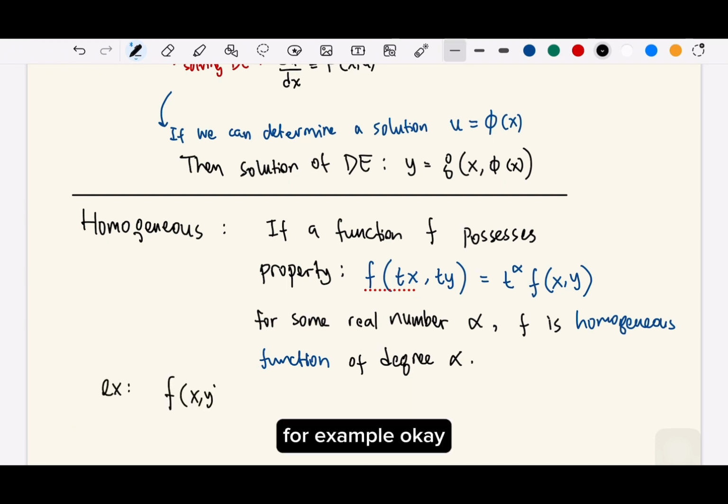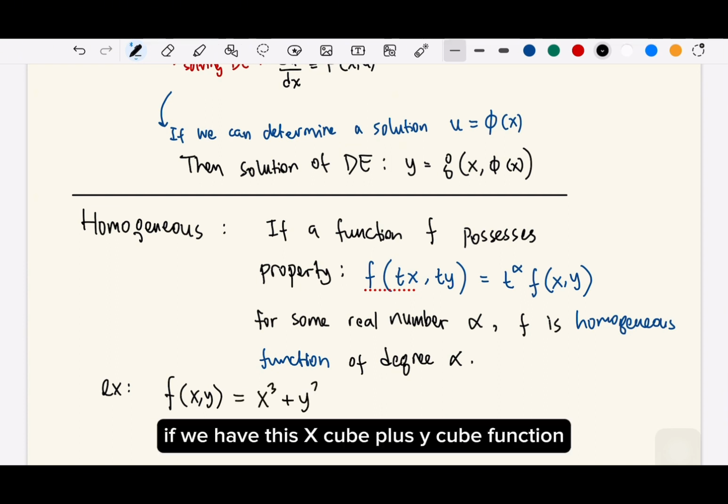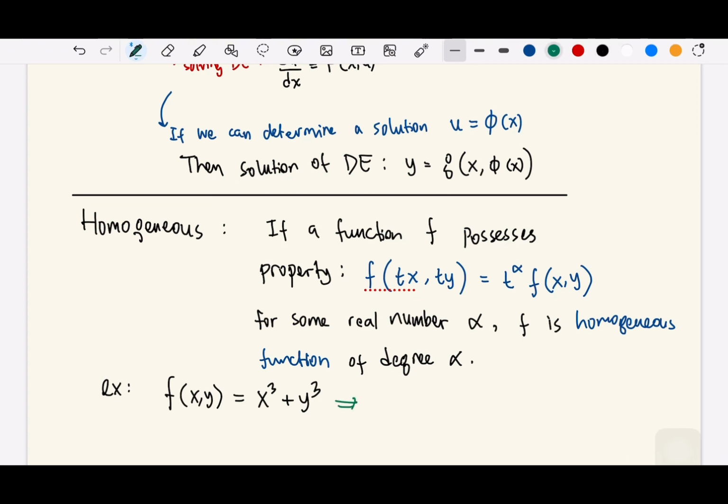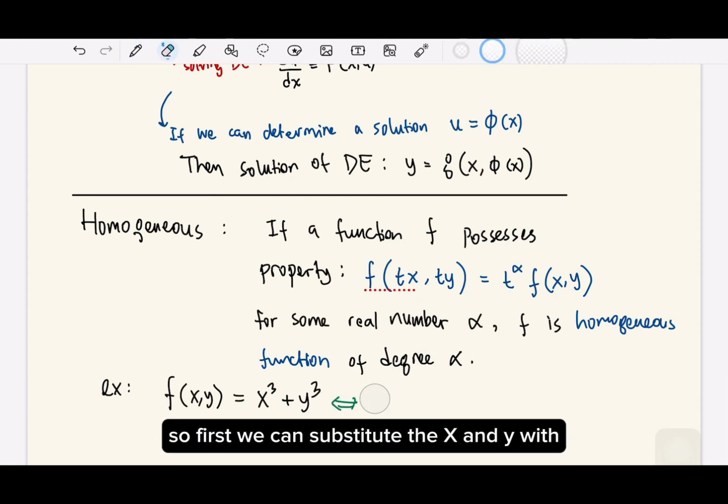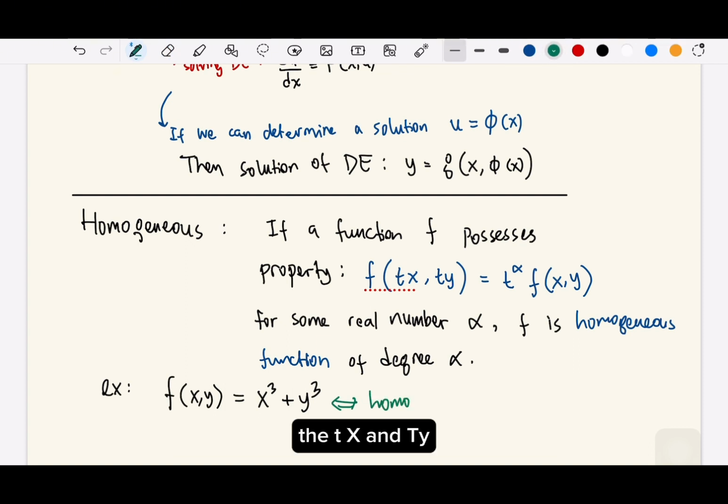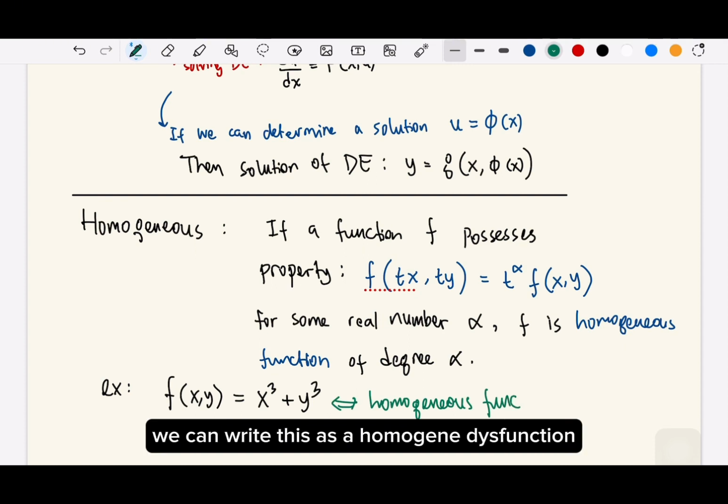For example, if we have the function x cubed plus y cubed, first we substitute x and y with tx and ty, and we can see that we can write this as a homogeneous function.